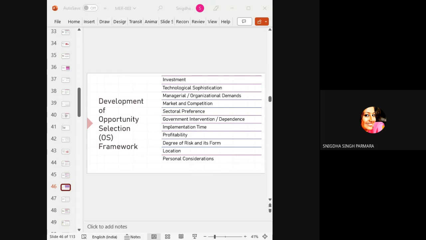This list will help you in answering certain questions: how much investment are you willing to make, what is the degree of technological sophistication that you desire, how large or complicated is the managerial or organizational task, what are your education, skills and experience, and do they match the requirements or the demands.